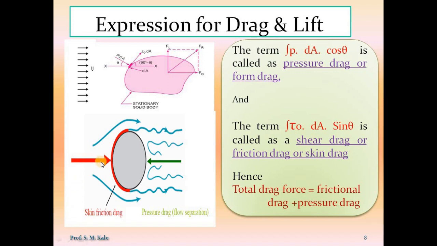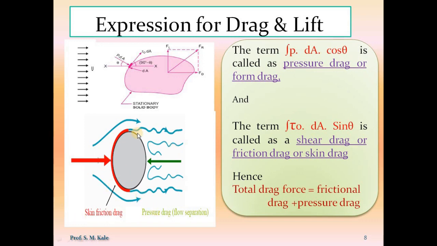So here, if you observe this red color, up to here the fluid motion is towards this direction, and the drag force acting here acts mainly because of friction. So that is called frictional drag, or shear drag, or skin drag.